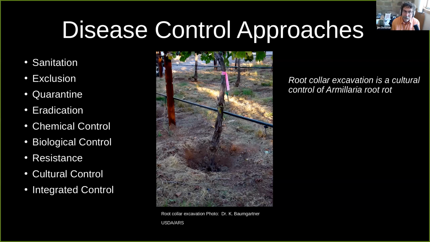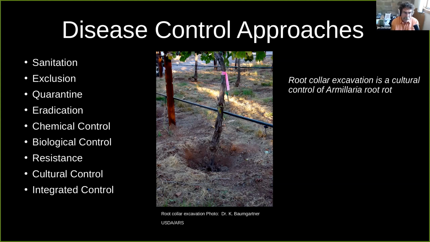A lot of times it means getting rid of the diseased plant, which is exclusion. Taking that plant, or roguing, eradication, getting that plant out and removing it from the environment so other plants don't catch whatever it has. Exclusion really refers to not ever getting it in the first place.